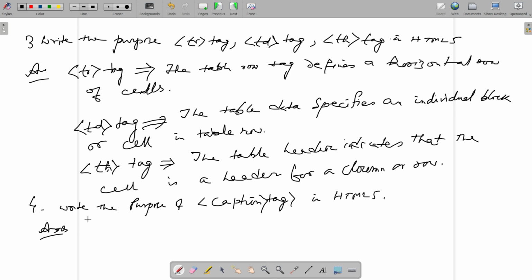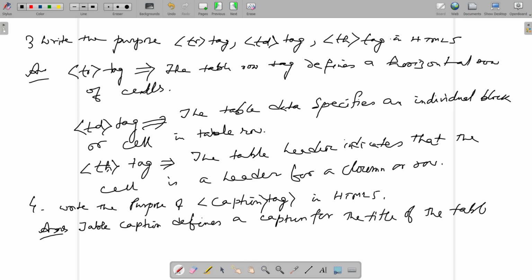What will be the answer? The table caption defines a caption for the title of the table. Okay, now this much I have discussed.